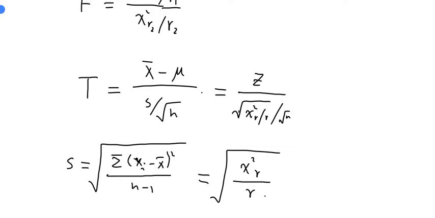So divided by radical n. We can forget this. So roughly we can say the t distribution comes from this Z over a chi-square distribution. Here I need to standardize, divided by r.